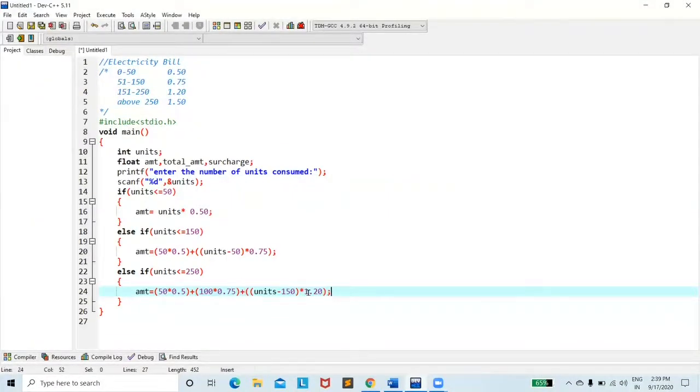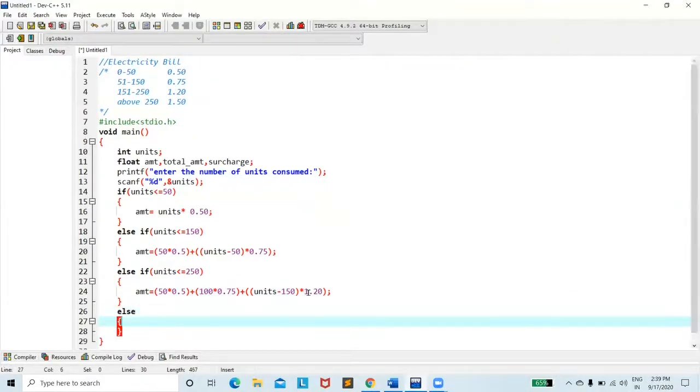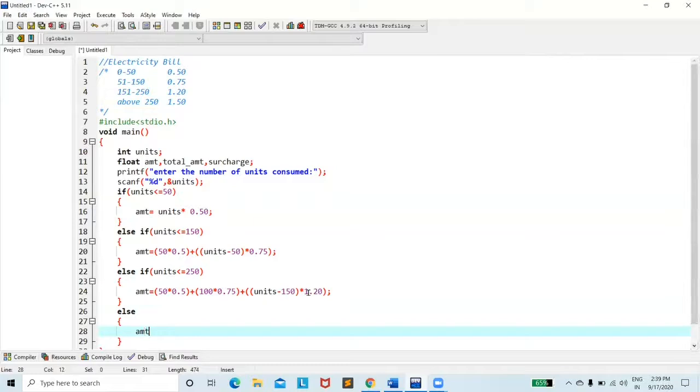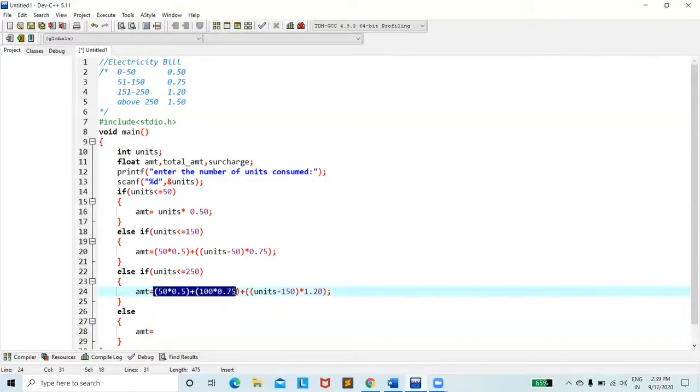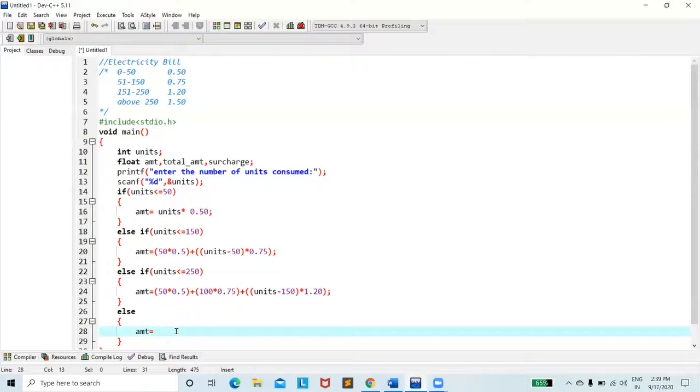And we have the last condition. You can write else because that's the last one. Amount is equal to, let me copy paste this because the same will be coming here also. What extra will we be getting? The other 100 units.